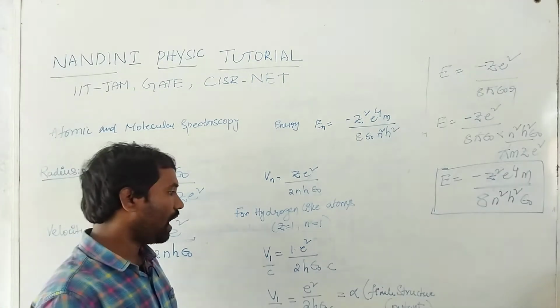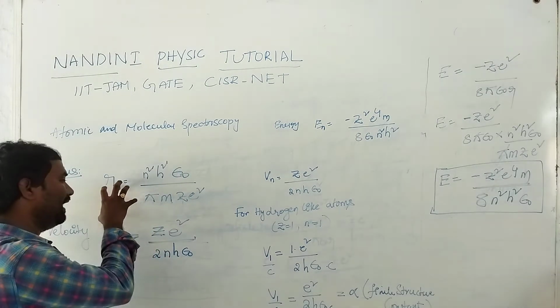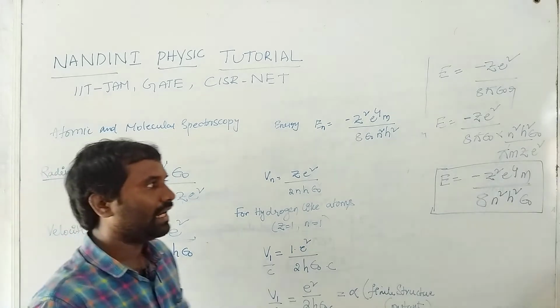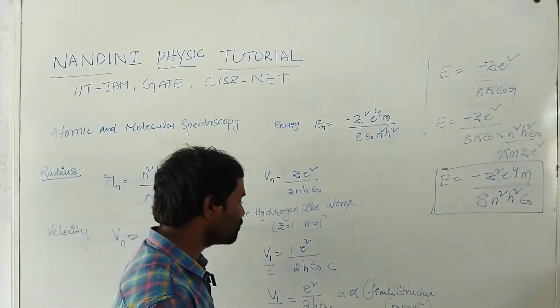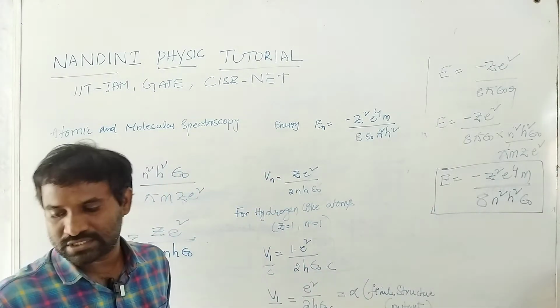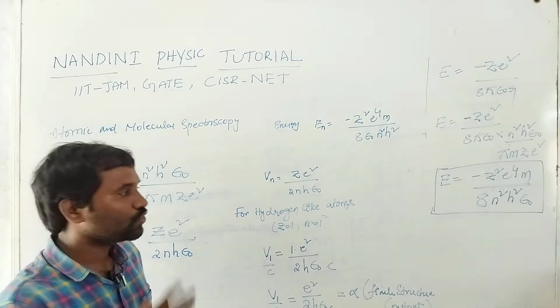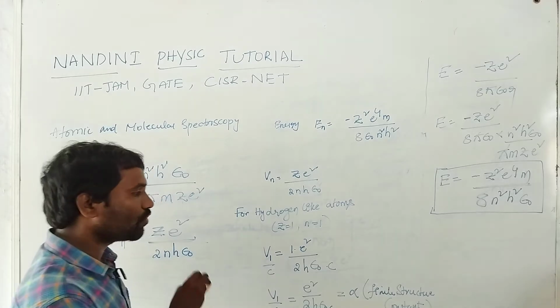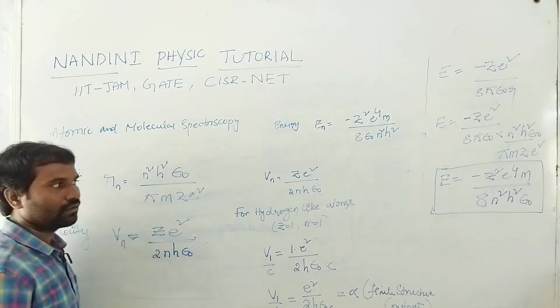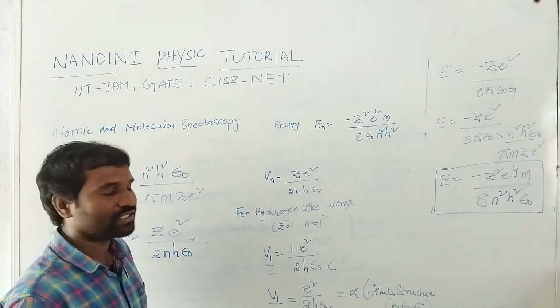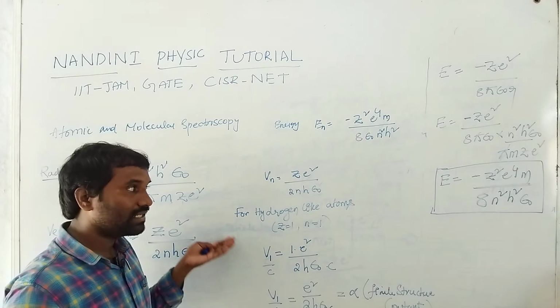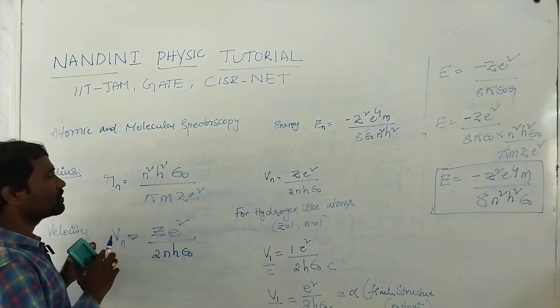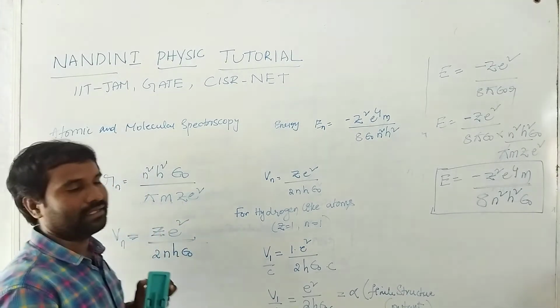Understand? Now I want to change the radius, velocity and energy in terms of this fine structure constant. That is our aim. In terms of alpha, I will change these equations. That is called the fine structure of hydrogen like atoms. In terms of the fine structure constant, I will express these values Rn, Vn and En.